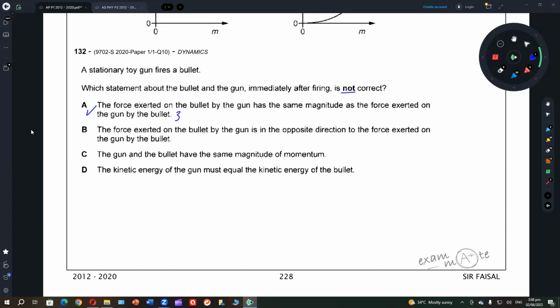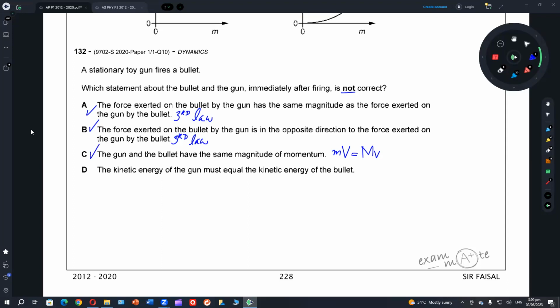It is Newton's third law. The force exerted on the bullet by the gun is in the opposite direction to the force exerted by the bullet on the gun. This is also right. The gun and the bullet have the same magnitude of momentum. I use this idea: the bullet has small mass and large velocity, and if it's an isolated system, momentum would be conserved.